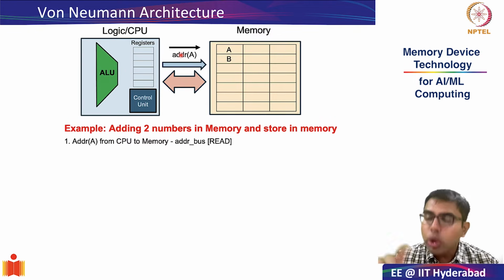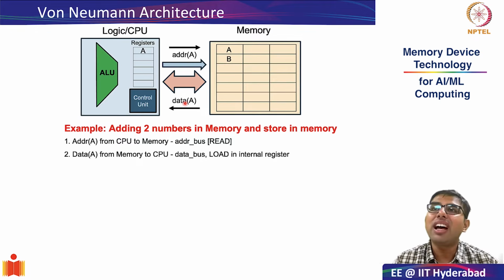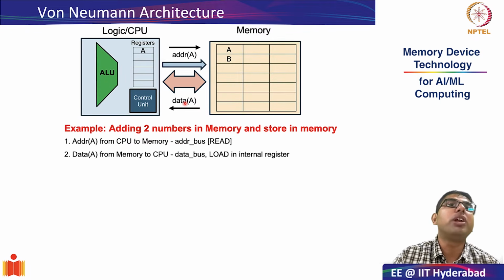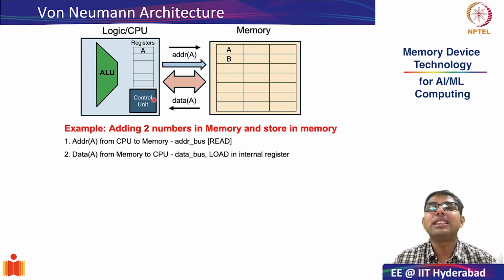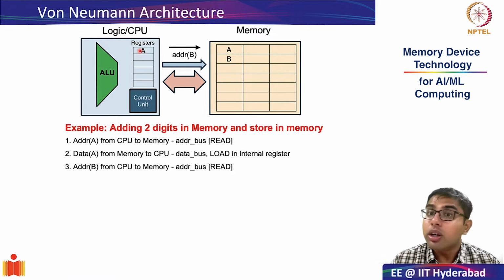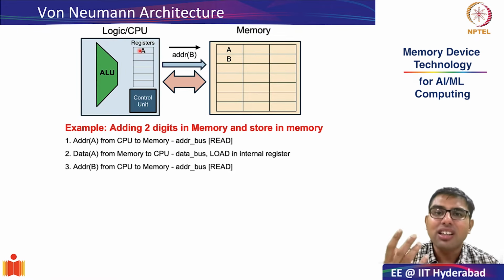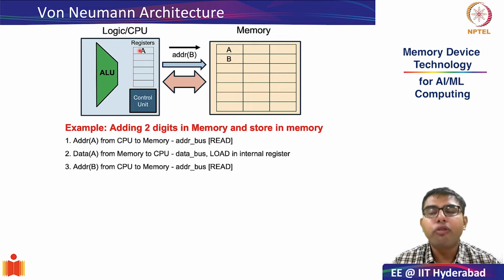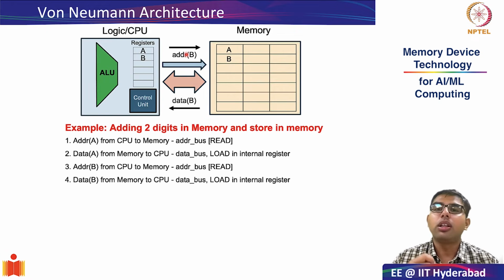As a result, through the memory controller, you will get the data which was stored in memory location A. This is then routed through the control unit into register R1. Next, as you can imagine, is the exact same sequence for what is in memory location B. The address of B will be asserted on the address bus, and the data corresponding to B will go and sit in register R2.